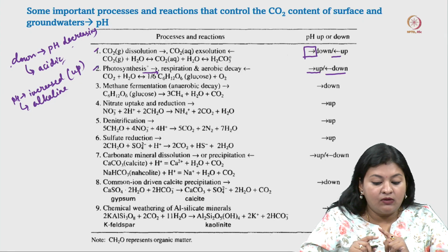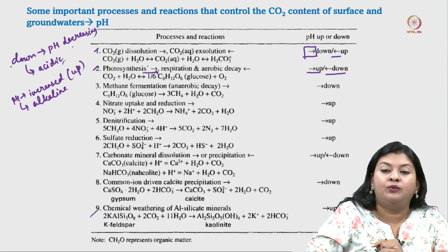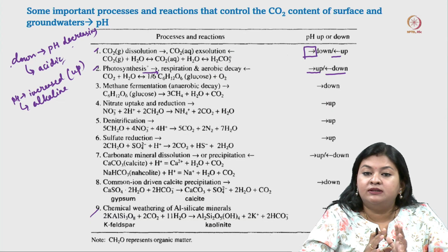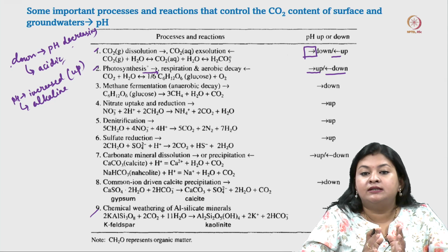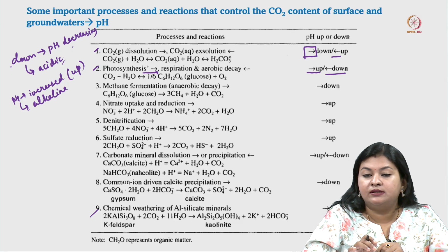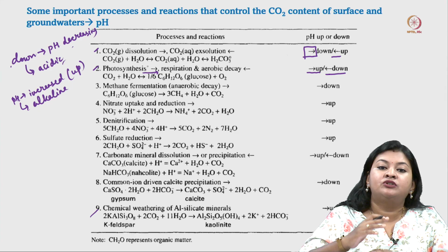Now, let us see another very important reaction, and that is chemical weathering of rocks. Rocks are made up of many types of minerals, and aluminosilicate minerals are the most common type of minerals in the rocks found on the earth's surface, in the earth's uppermost crust.